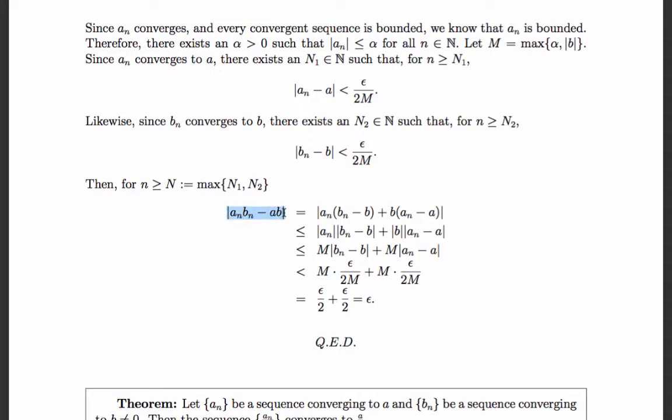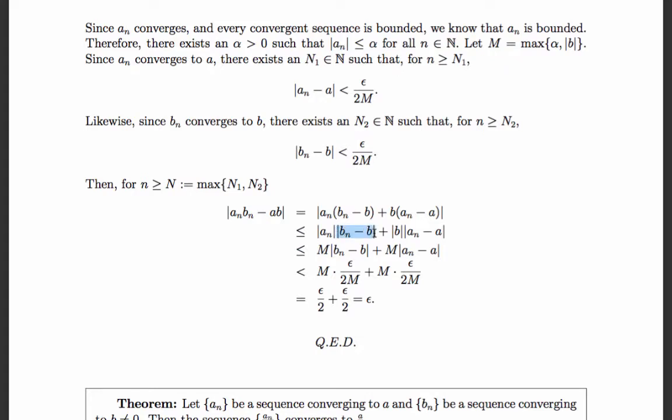A_n B_n minus AB is equal to, well, we already showed that it is equal to this, by adding 0 quite cleverly. Then the triangle inequality says this is less than or equal to this.